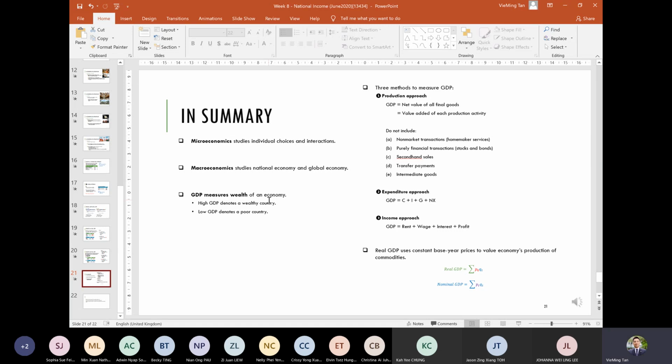Then that means after tomorrow we have a replacement class on Monday. On Monday we are going to proceed to a new chapter, chapter number 9 on macroeconomics, where we are going to discuss the 3 macroeconomics problems. Our replacement class is on the 9th of November.